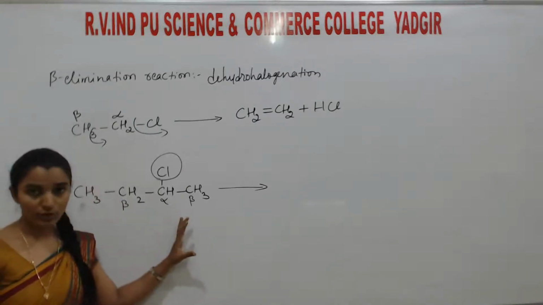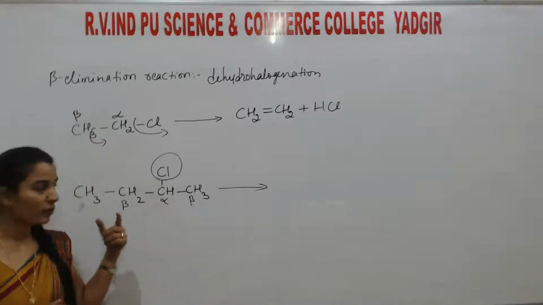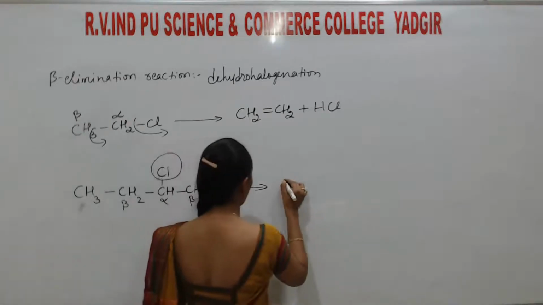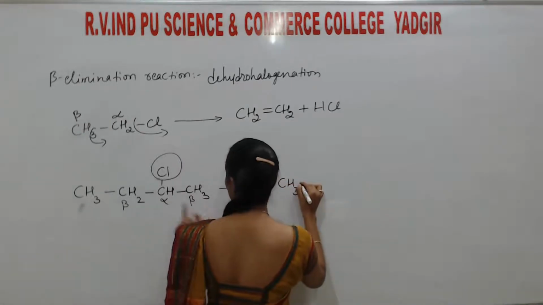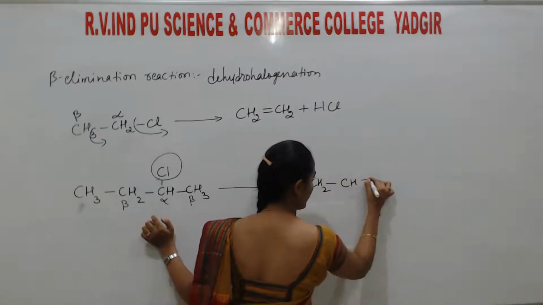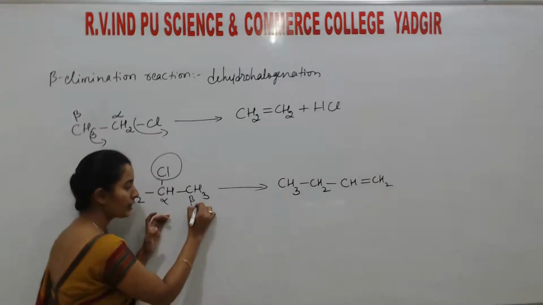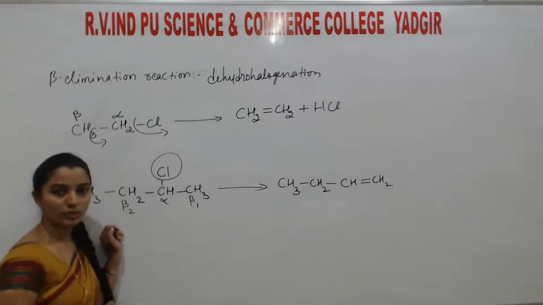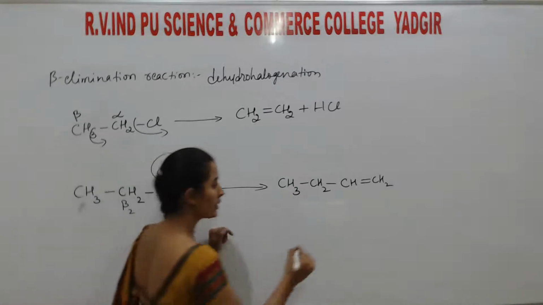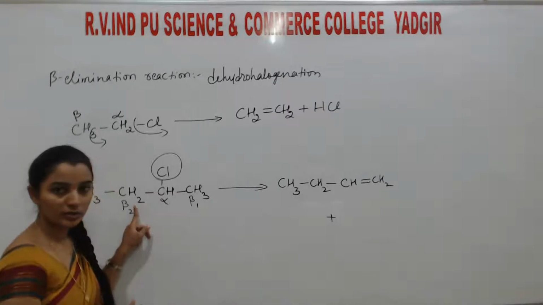If we remove a hydrogen atom from each of the two beta carbon atoms, then what happens? Initially, I will remove it from this one. So the product may be CH3, CH2, CH double bond CH2. That is when it is removed from beta carbon 1. Another product may also be formed when the hydrogen is removed from beta carbon 2.